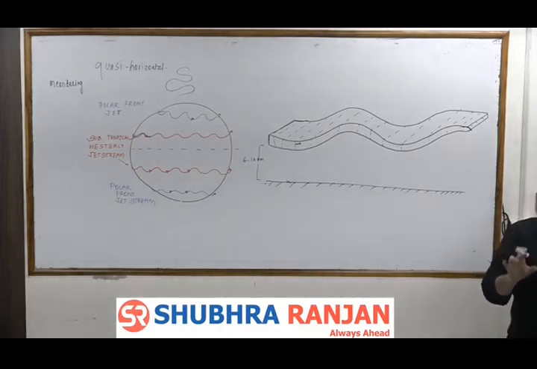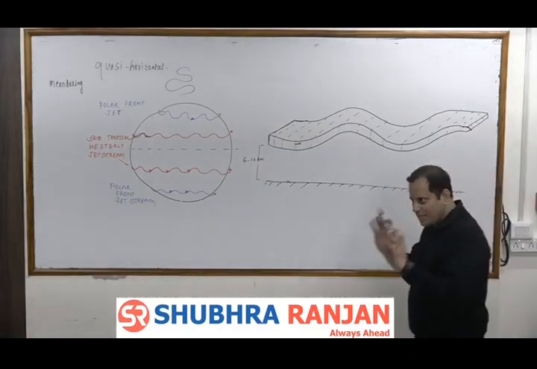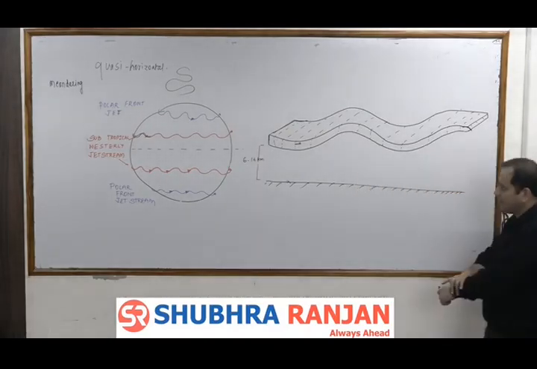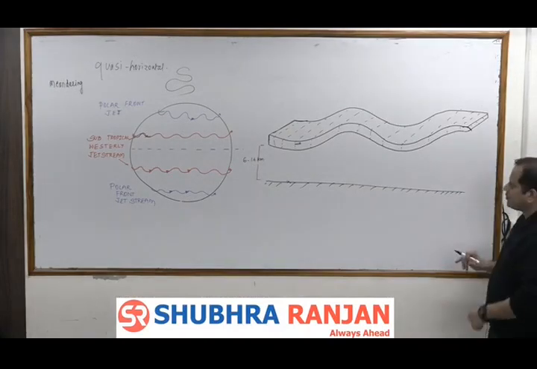They will never ask you such a tough question in GS because that will become a proper optional. So you should just know that they flow in a meandering manner.